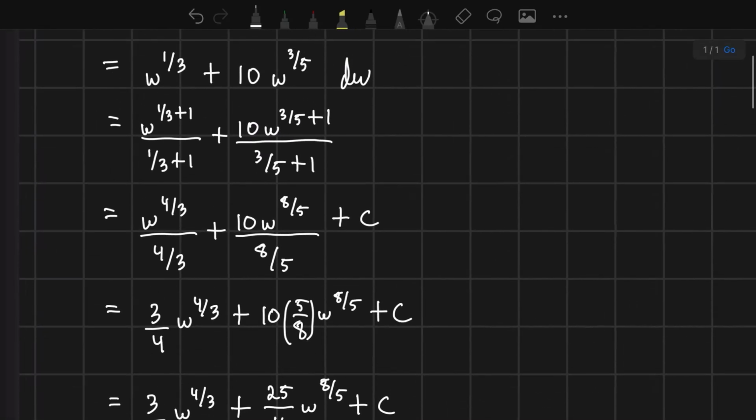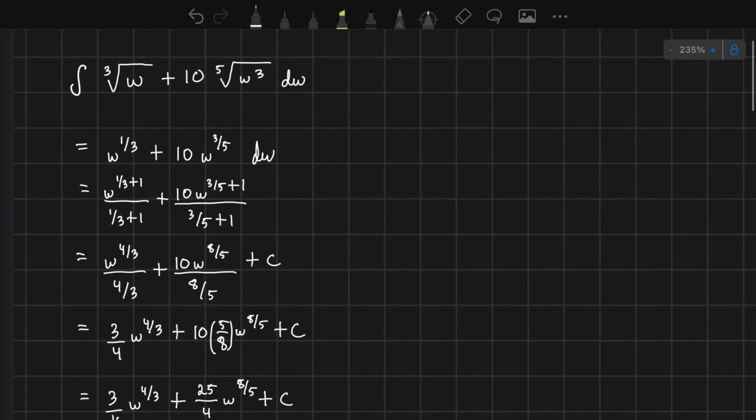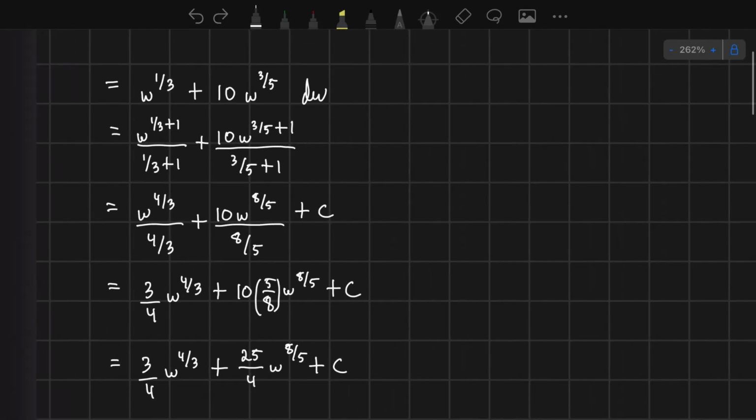So pretty decent root question, I would say, and you could see this on your tests and assignments. The goal here is to not do anything to the root, but just to simplify it into power form. Then everything becomes simple because you're just adding to the power and dividing by the same thing, and making sure you properly multiply the terms and the coefficients. But yeah, this is how you solve this question.